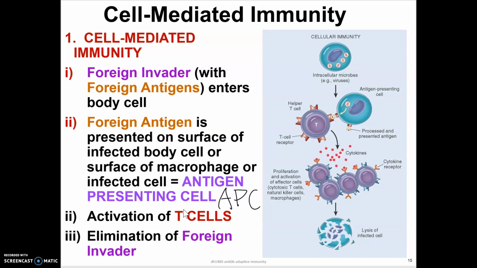Now, these APCs are going to move around. They're going to find their way into lymphatic vessels, and they're going to cause the activation of our T cells, which are the cells that are in charge of our cell-mediated immunity. And then hopefully these T cells will be able to eliminate this foreign invader.